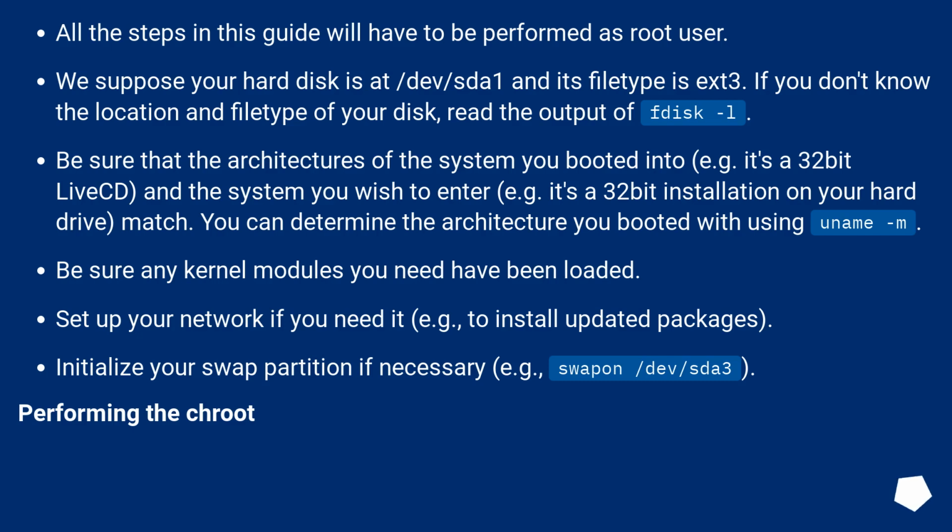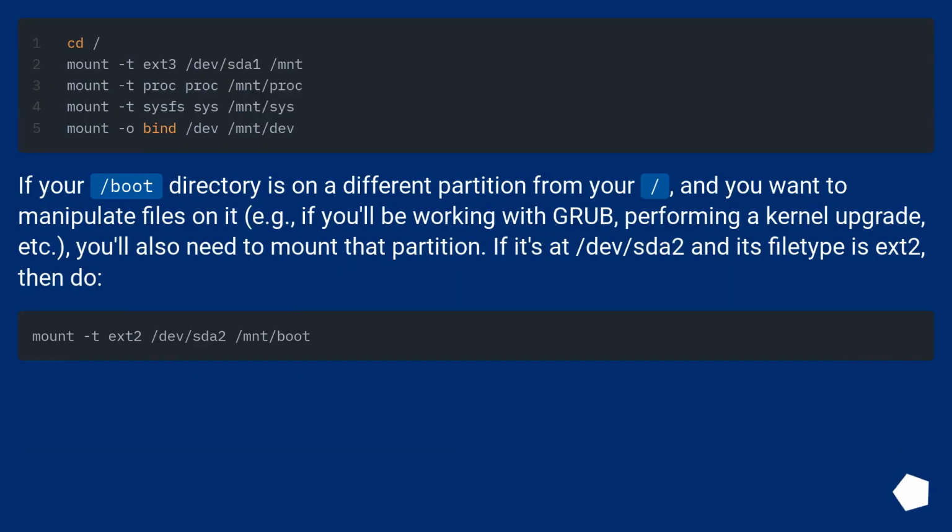Performing the chroot. If your /boot directory is on a different partition from your / and you want to manipulate files on it, for example, if you'll be working with Grub, performing a kernel upgrade, etc., you will also need to mount that partition.